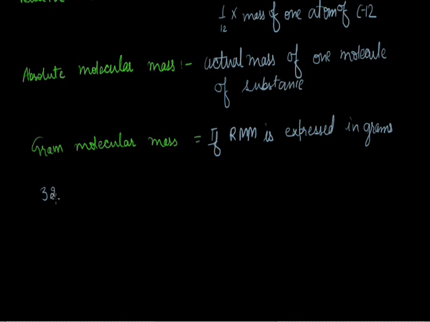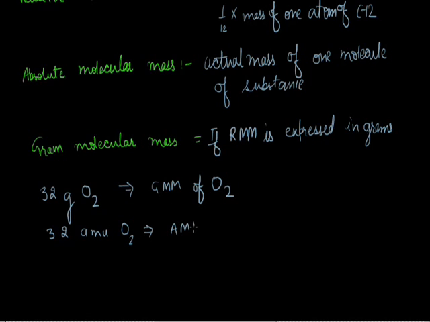Like 32 gram oxygen, it is the gram molecular mass of oxygen. If we say 32 amu oxygen, it is the absolute molecular mass of oxygen. And if we say simply 32 for O2, it is the relative molecular mass of oxygen.